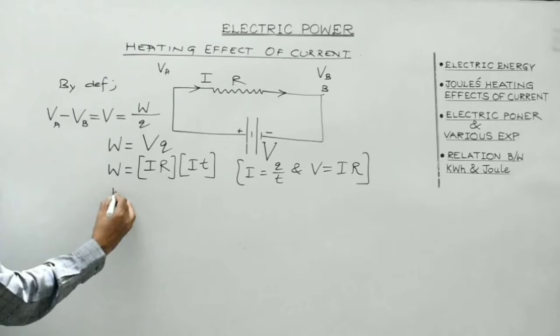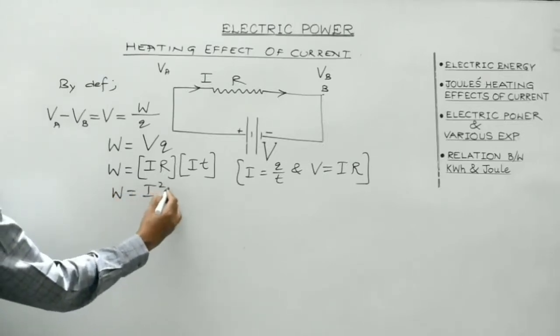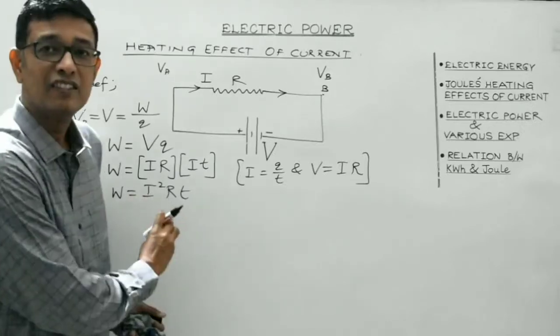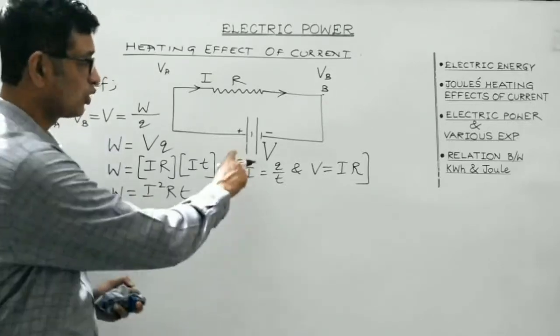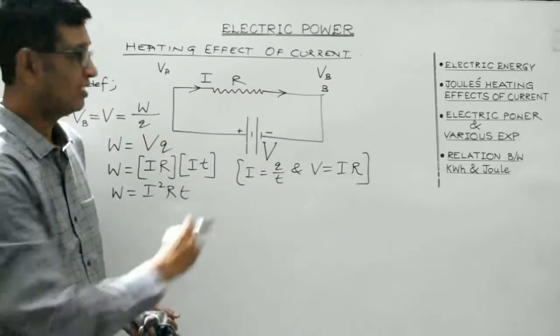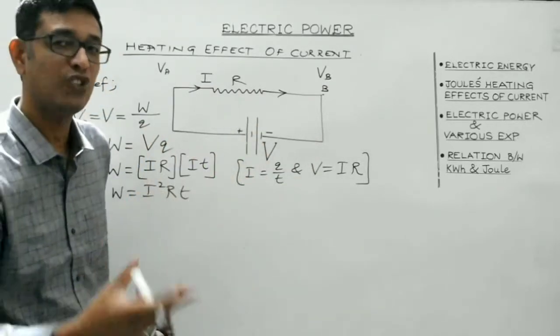So what you get is W is equal to I squared R T, isn't it? So this is the work done by the source of EMF in maintaining a constant current through the conductor, and this is what electrical energy is all about.